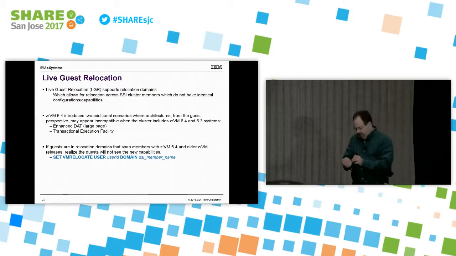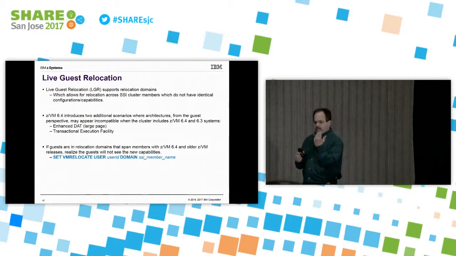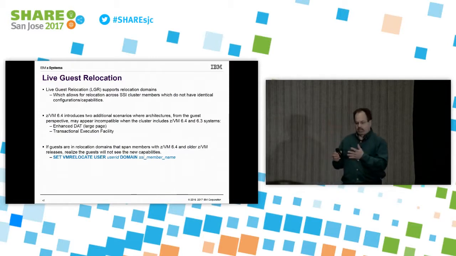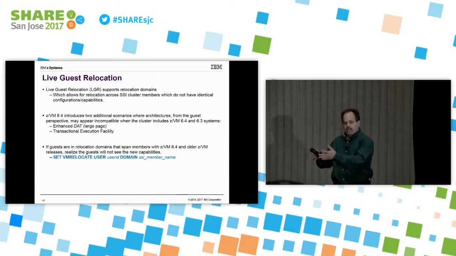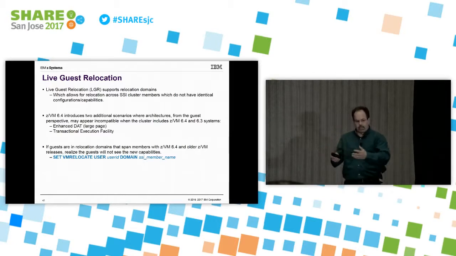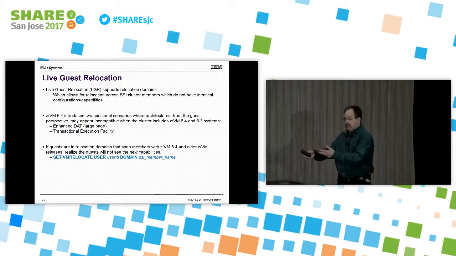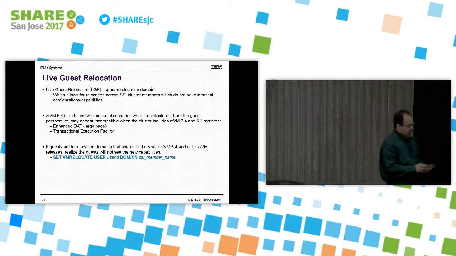So if you have a cluster where you're running a 6.4 system and a 6.3 system, that domain by default will only have the capabilities that 6.3 provides, even if your guests are running on 6.4. This way you relocate a guest to 6.4, it doesn't use something that it can't have if it goes back to the 6.3 member.